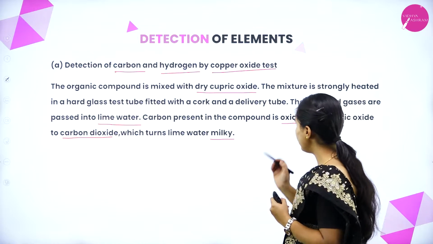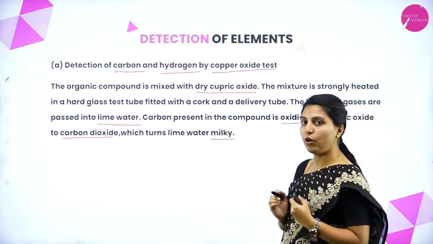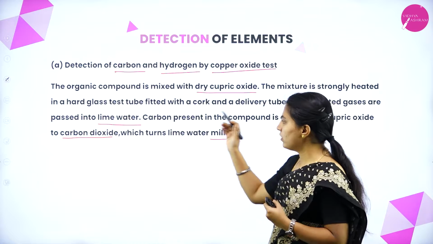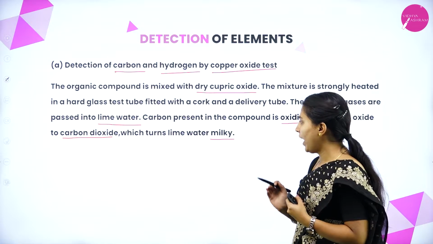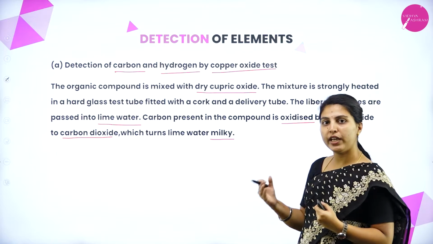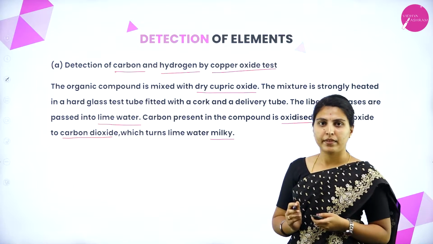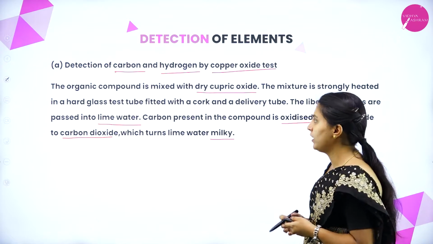The carbon present in the compound gets oxidized, forming carbon dioxide. What is oxidation? The addition of oxygen, right? So oxidation takes place, carbon dioxide forms, and the lime water in the other test tube turns milky.